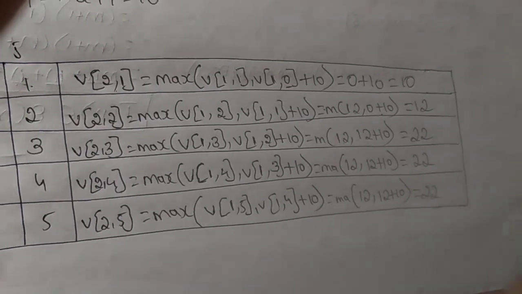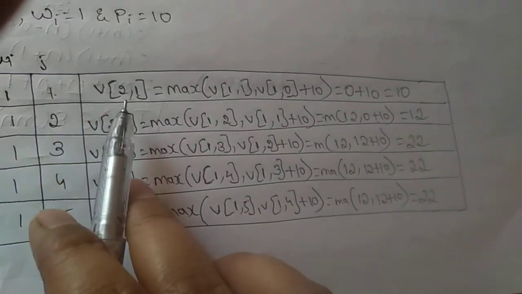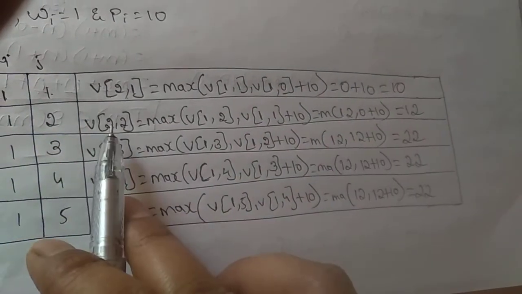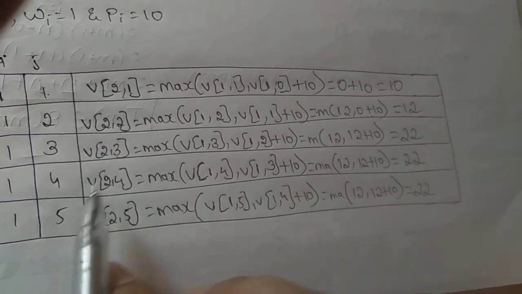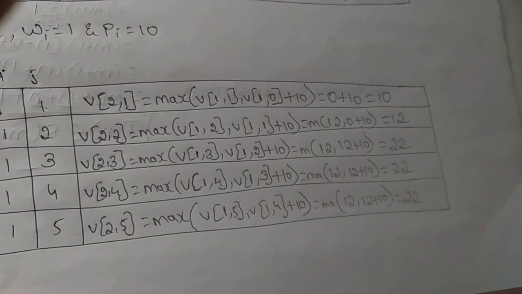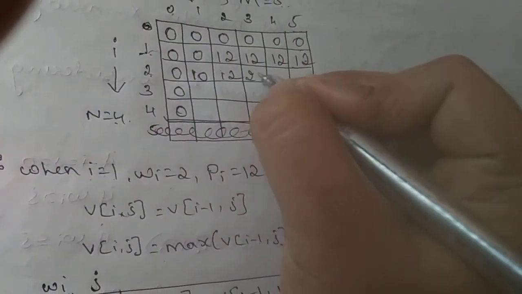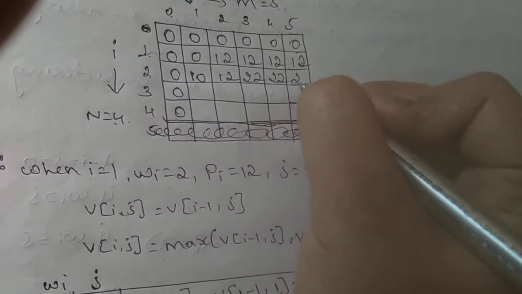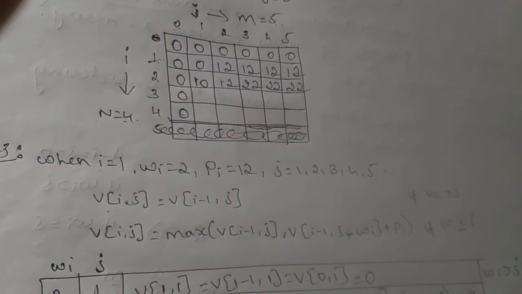Again it is 22. So 2 comma 1 is 10, 2 comma 2 is 12, 2 comma 3 is 22, 2 comma 4 is 22, 2 comma 5 is 22. Update this here: 10, 12, 22, 22, and 22. It is updated. Next, go for step 5.